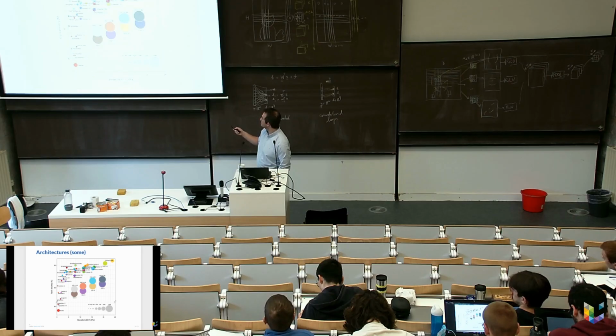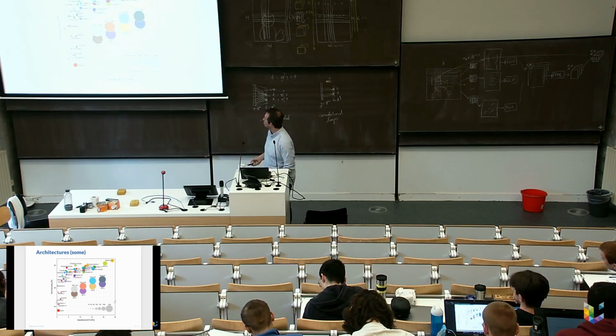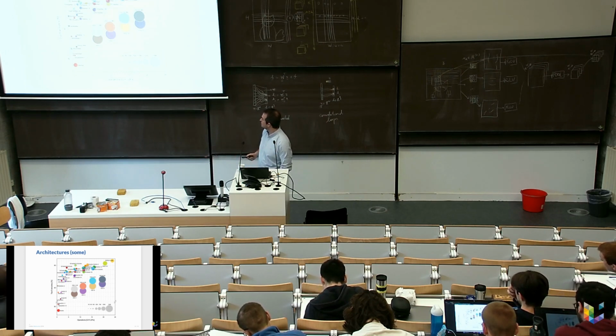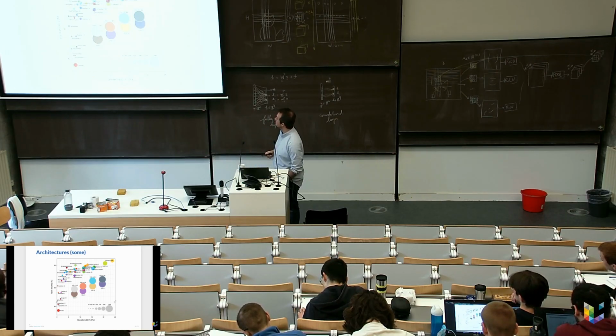In this case, it's indicated by the size of these circles. The larger the circles, the more parameters you have. The number of operations that you need to perform to compute the output starting from the input. And finally, the accuracy that you get on a benchmark dataset, in this case, the ImageNet dataset.